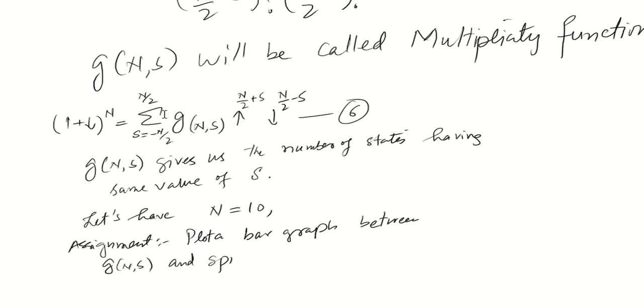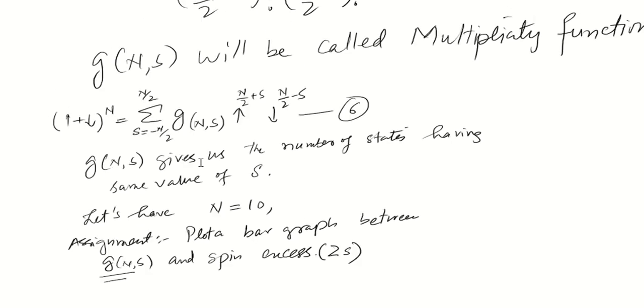Then it will be very easy to understand what I am talking about in the next lecture. So now we are treating G n of S as a function, and we are plotting it against the spin axis, that is 2s, and we want to see which type of function it looks like.